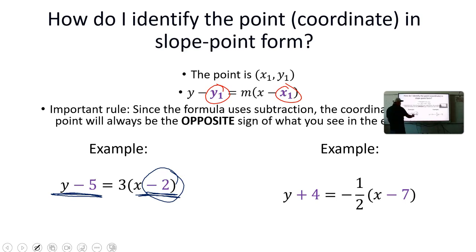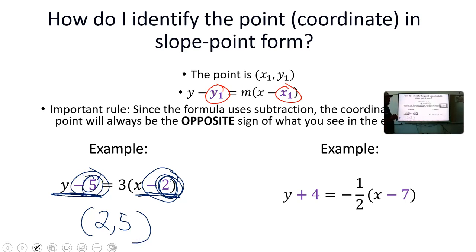And since it's a subtraction 2, it's really just this number right here. So the coordinate is going to be at 2. And see, we have a minus 5 here. The opposite is an actual 5, because this number right there is the actual number. So our coordinate here would be 2, 5.